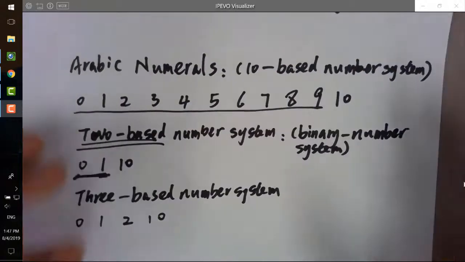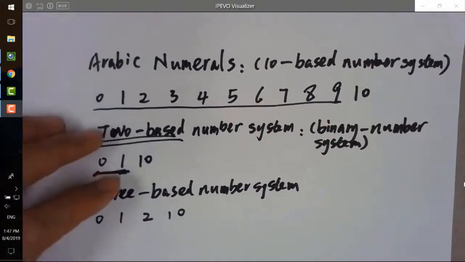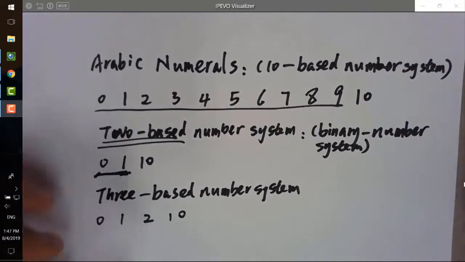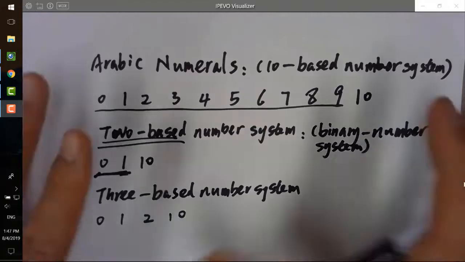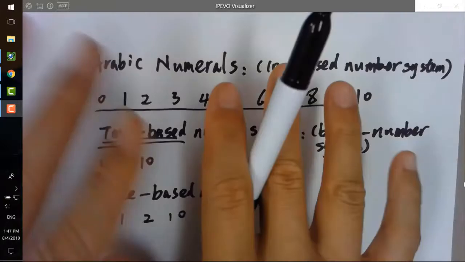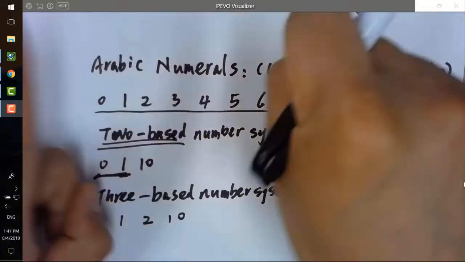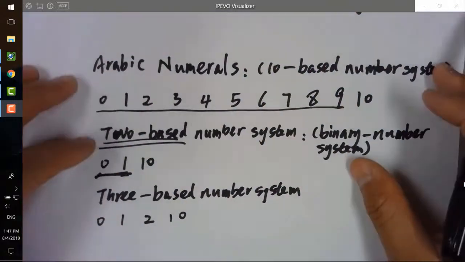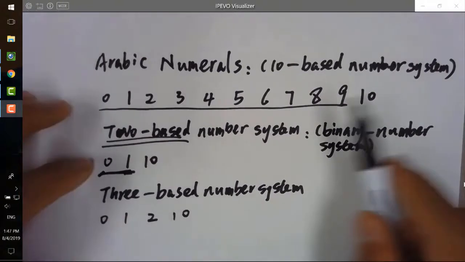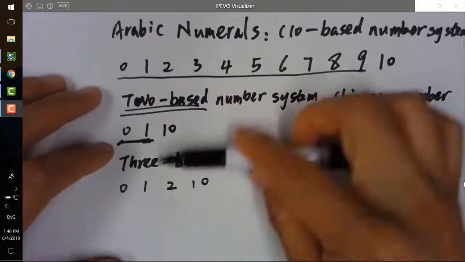We have been very used to the 10-based number system, but actually nobody told human beings to use it. It's very likely that because we have 10 fingers, whenever people count until 9, they want to carry, so they use a 1, 0 like this. But nobody told us to do this. We are just very used to a 10-based number system in everyday life. However, you can use any of these if you like.